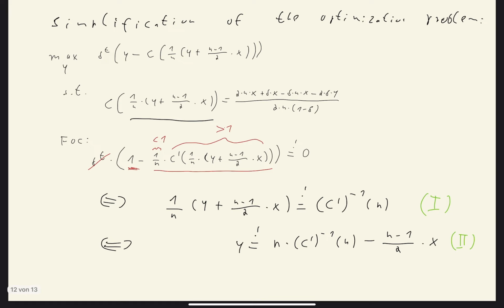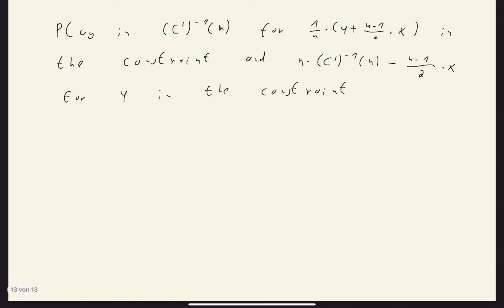And if you do that, what you get is the left-hand side is then simply c of c prime minus 1 of n. So it's constant. It doesn't depend anymore on x and y.